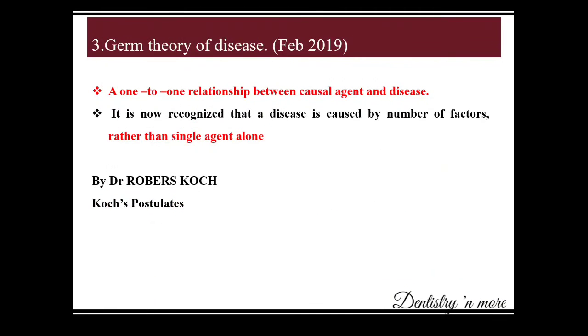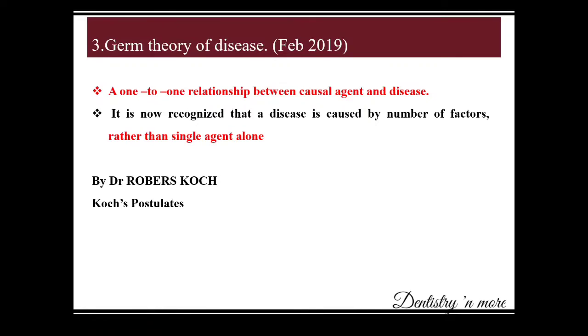Then we have the germ theory of disease. Germ theory was first put forward by Robert Koch. The one-to-one relationship, a single organism causing a disease, was rejected in the early 20th century for many reasons, because now we know it is not just a single agent causing disease.